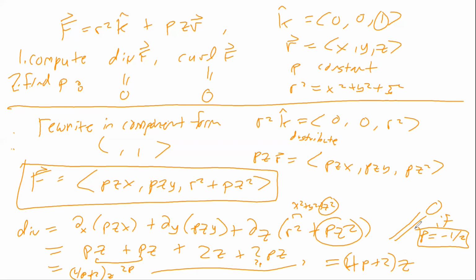And so we won't actually get p equals negative 1/2 for the curl. We'll get something else, depending on what the curl looks like. So now we have to compute the curl. If I just rewrite what F is really quickly, then we can compute the curl. Remember, you can always think of the del as a vector, and we're doing a cross product.